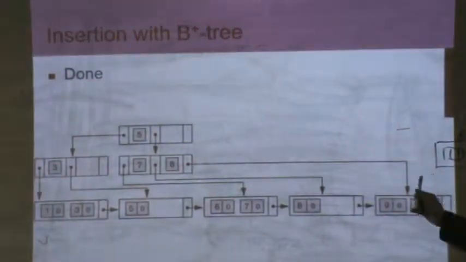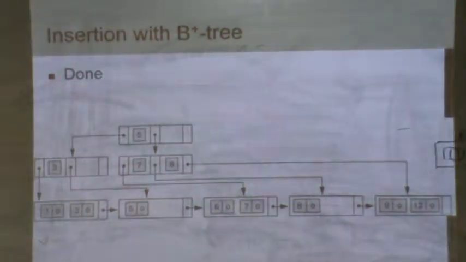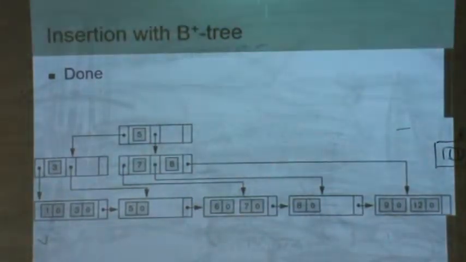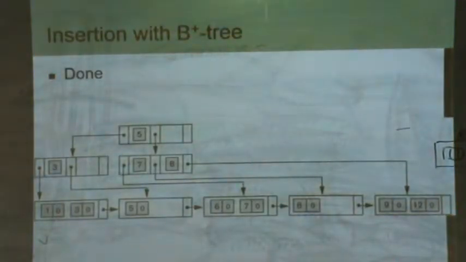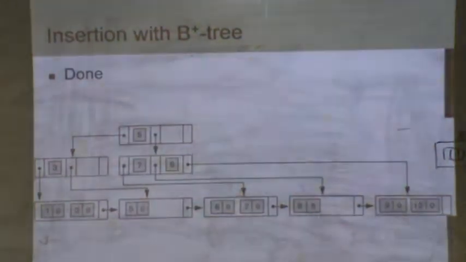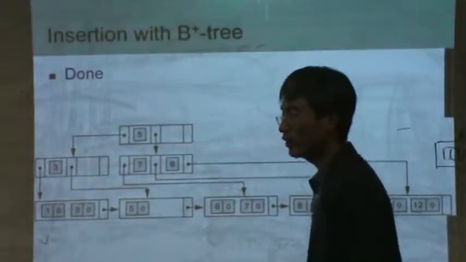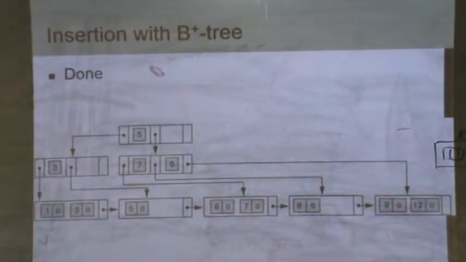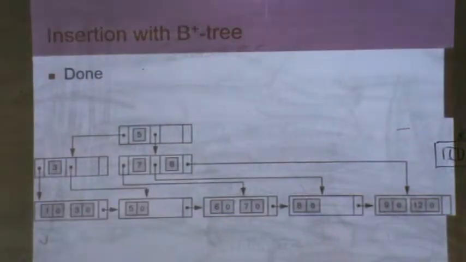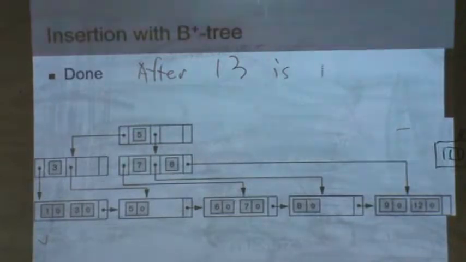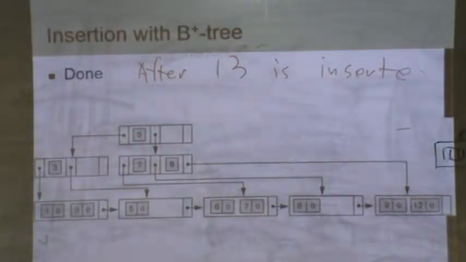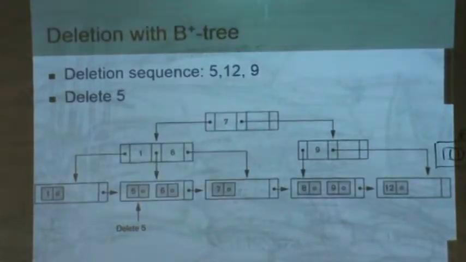Okay, so then what if 13 is inserted in this case? Why don't you draw the next change of the indexing structure? So what if 13 is inserted after using this one.